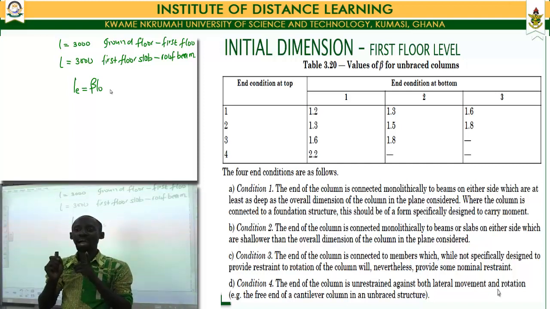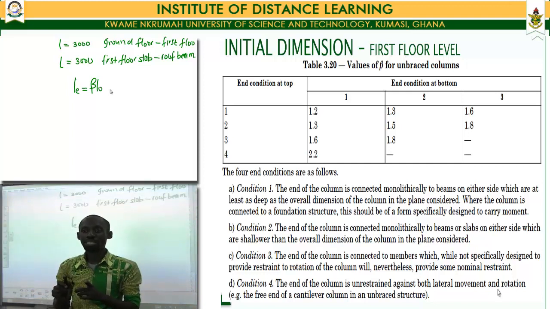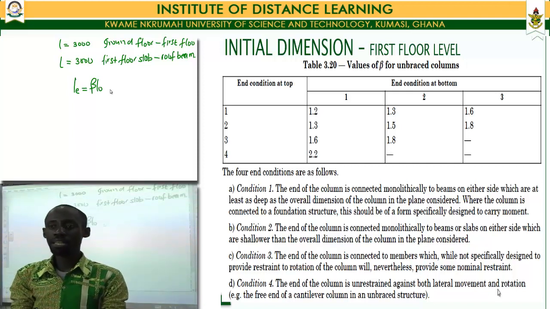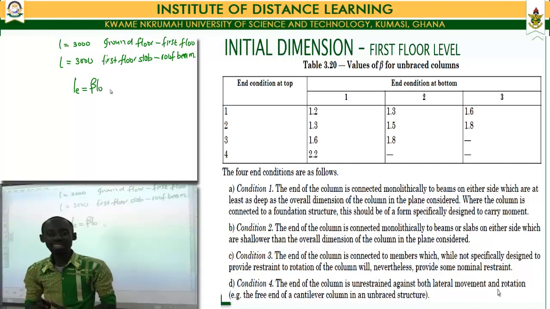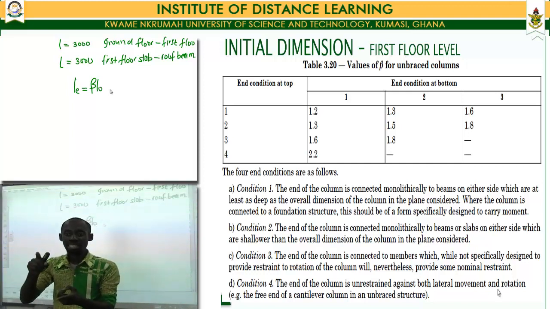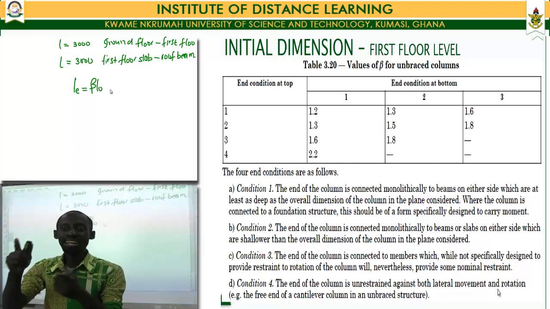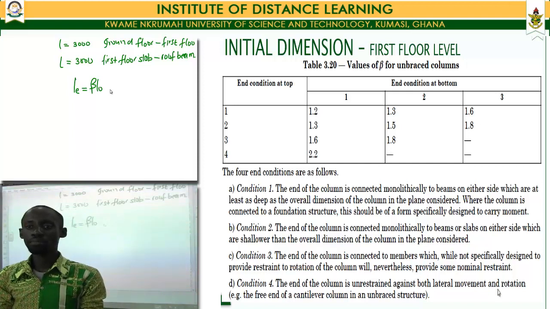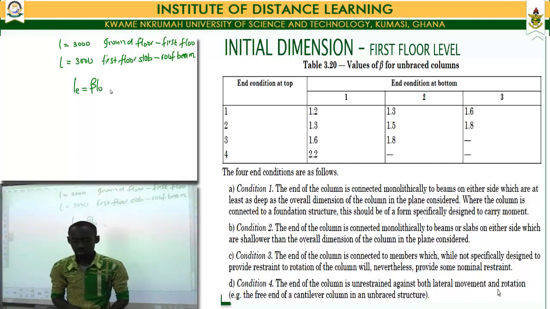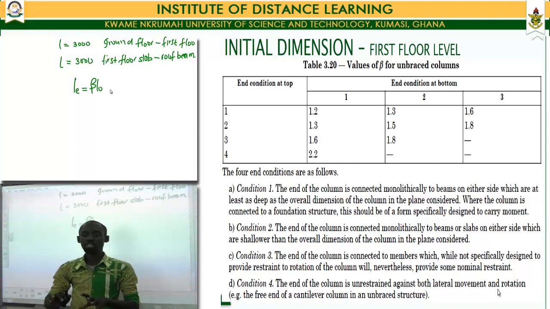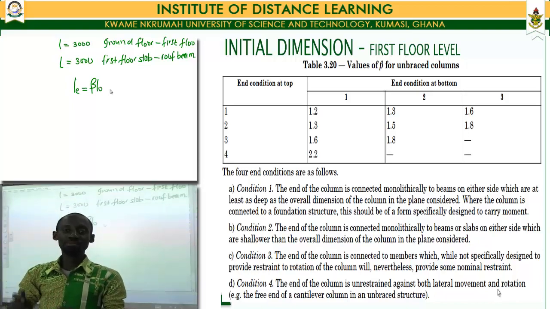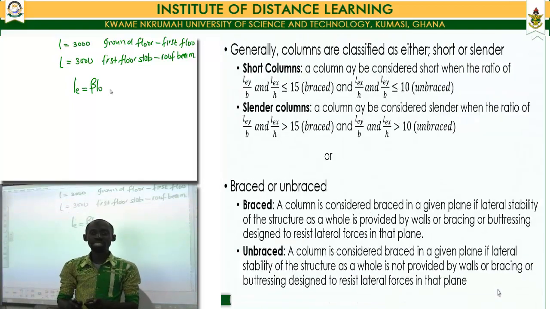Now, if my column dimension would not exceed the 400 millimeters of my beam, then I'm looking at condition number 1, which states that my beam depth is equal to or greater than my column dimension. So where my column dimension is not going to exceed the depth of my beam, then at my end conditions, I'll be looking at condition number 1.